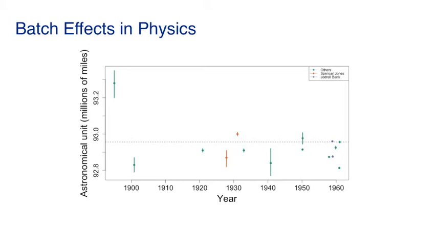They have a little table which I turned into this plot. They basically have a table showing you the estimates and confidence intervals for a series of papers about this measurement.